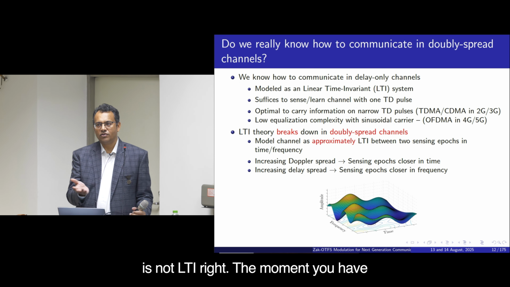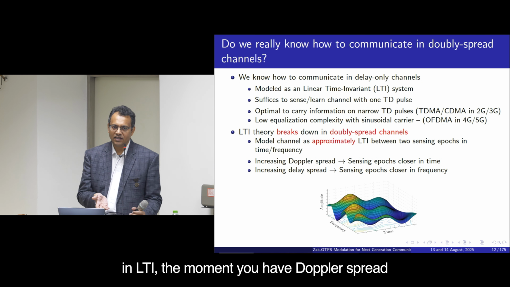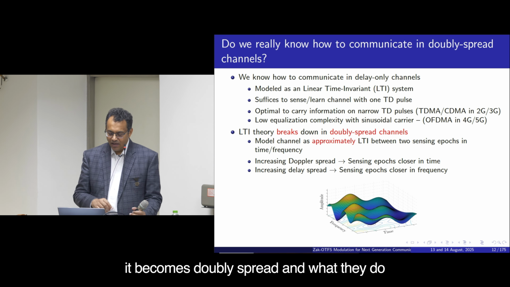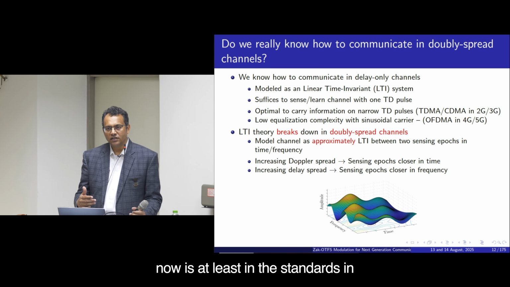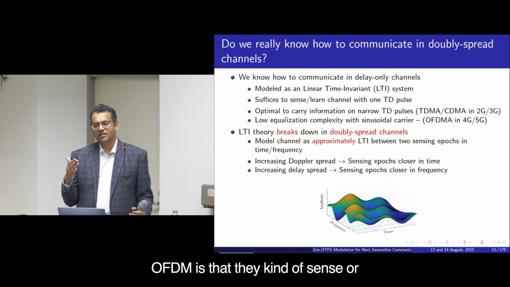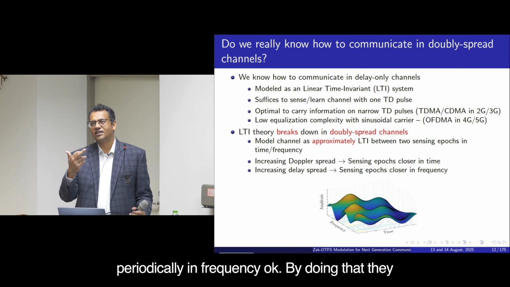You anyway have delay spread even in LTI, but the moment you have Doppler spread, it becomes doubly spread. And what they do now, at least in the OFDM standards, is that they sense or estimate the channel periodically in time and also periodically in frequency.